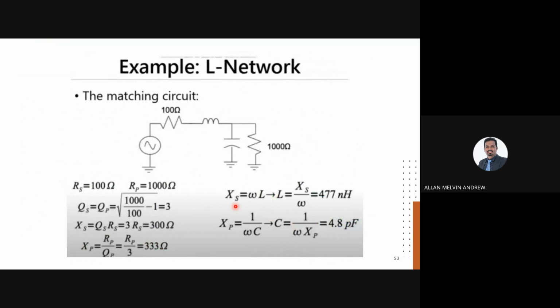So XS equals 477 nanohenry, and XP equals 4.8 picofarad. So we already know this, and we can create our impedance matching circuit. This is just a simple example for you to understand how we can design an impedance matching circuit.